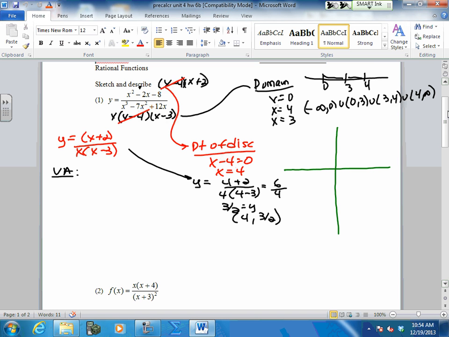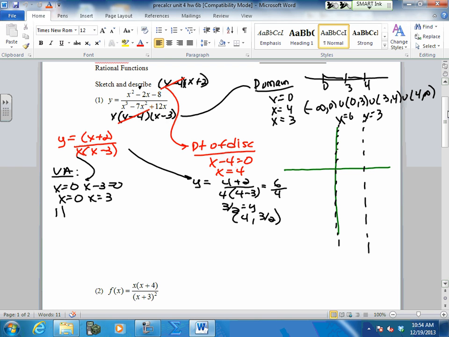My numerator or my denominator? Denominator. So let's take this and set them equal to 0 and put them out here. Where is x equals 0? On the origin, but what axis? Y. Good. So here's my x equals 0. And here's my x equals 3. Okay, that's going to help me graph.